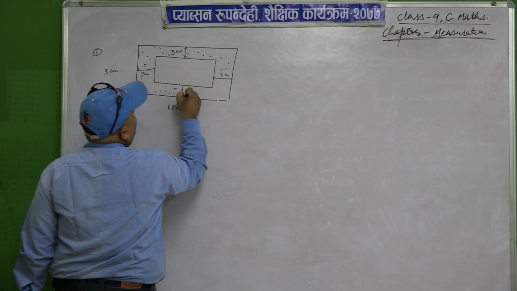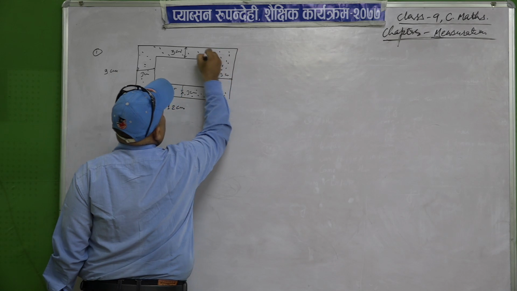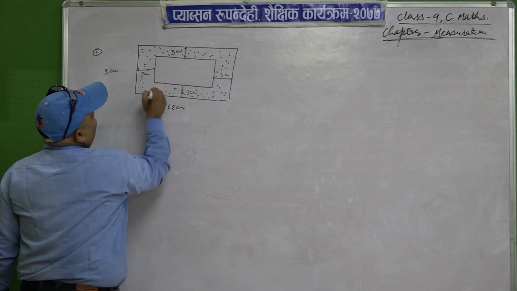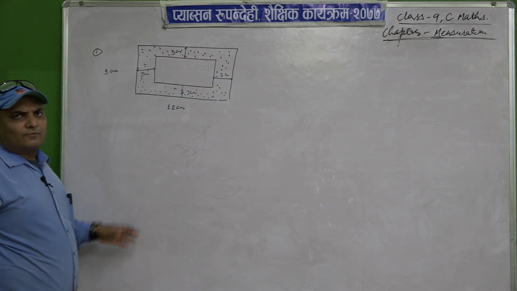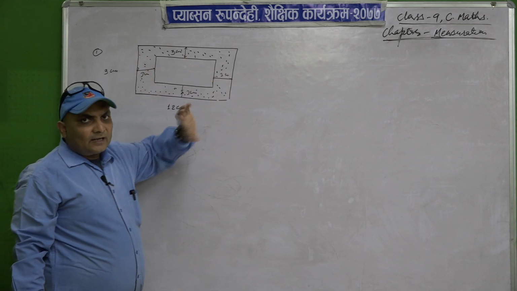Yesterday we had done the same problem, but the given values are different. Today again we have to find out the area of this shaded region, but the given is different.